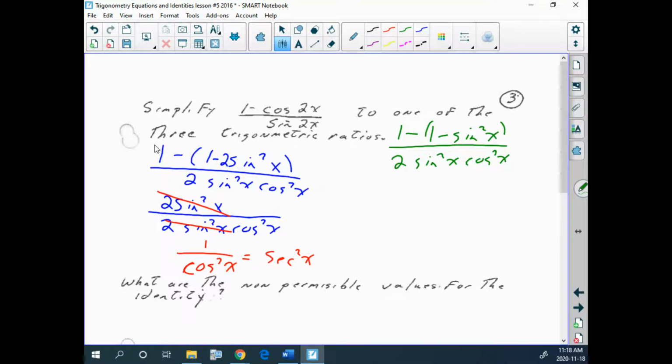Now, had we gone down this road and used the other one, just with sine squared, it does lead us down a pathway that works. Okay, it doesn't seem to be leading me down the right pathway at the moment.